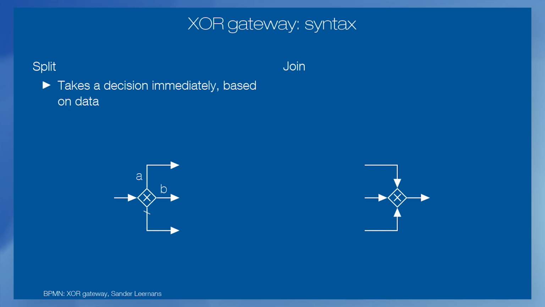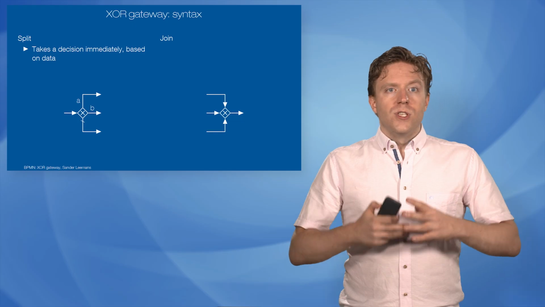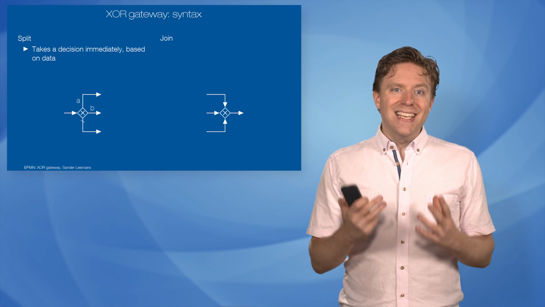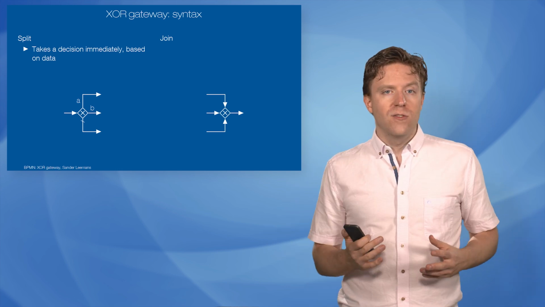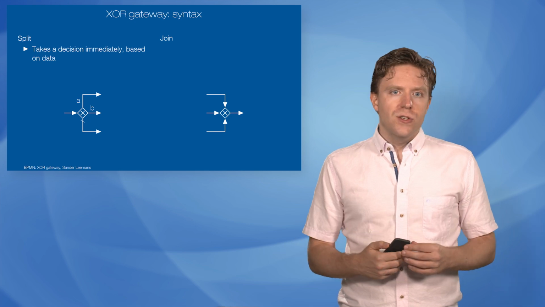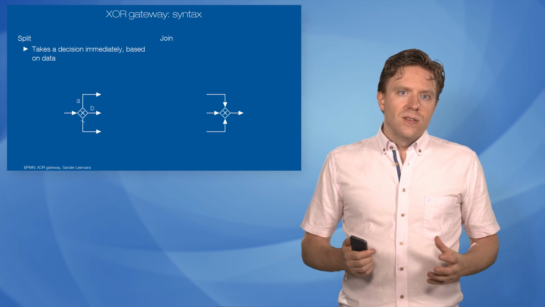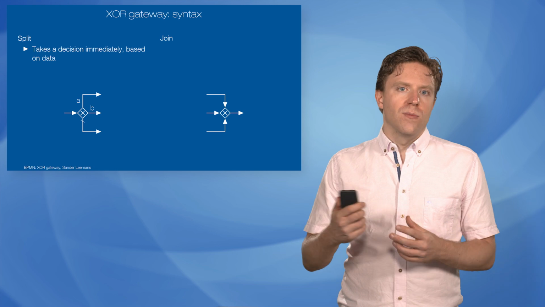For the split, we see one sequence flow coming in, and then on the outgoing sequence flows, we have conditions. So the XOR split takes a decision immediately upon arrival of a token at the gateway. Based on the conditions, it selects the outgoing sequence flow that will get a token.